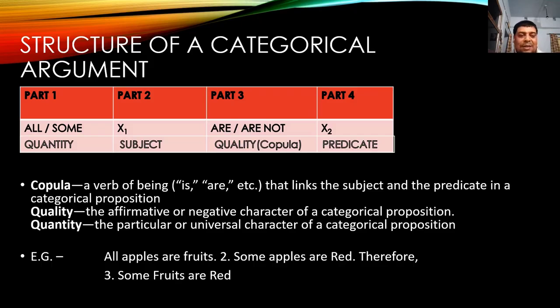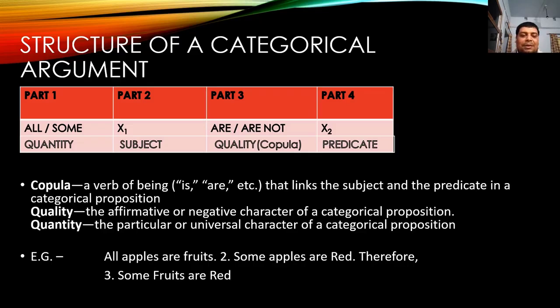Suppose all or some, so it is universal or particular, that is the quantity. Second, the subject A, all or some A. Then the quality, are or are not. Quality is also known as the copula, and then we say something about B. So all or some A are or are not B. Like all apples are fruits, some apples are red, therefore some fruits are red. That is one example.